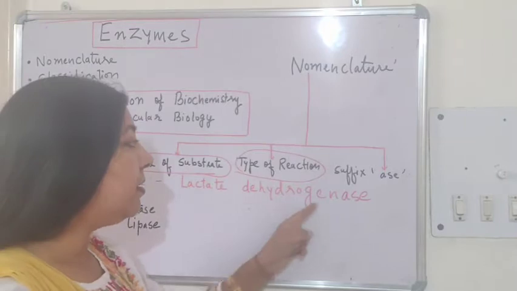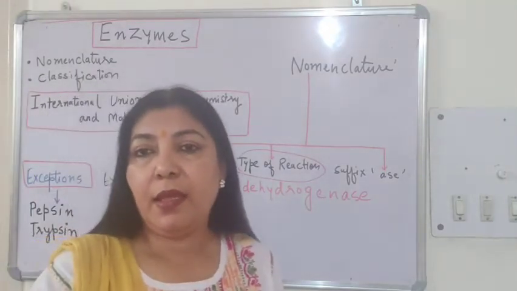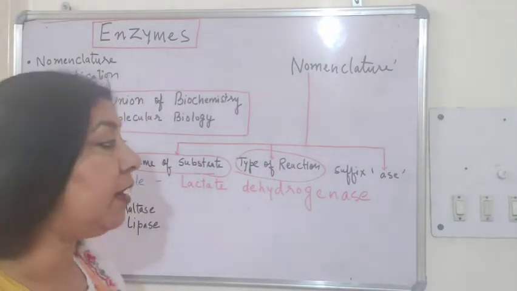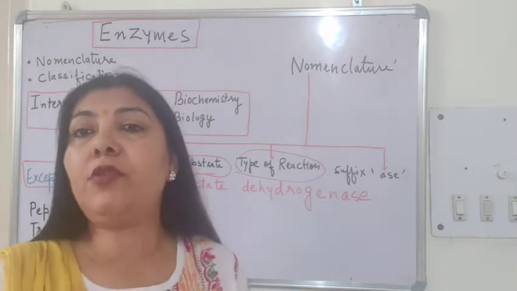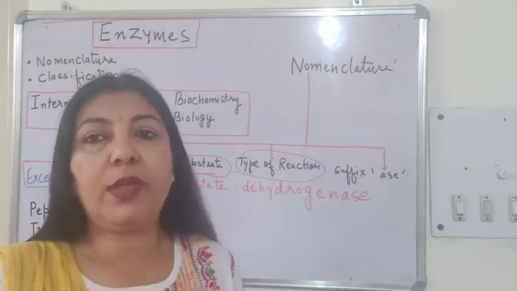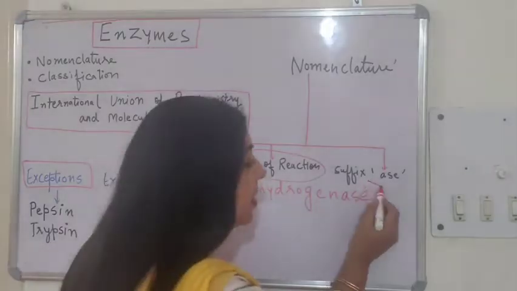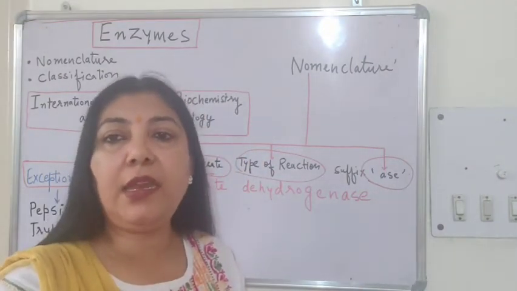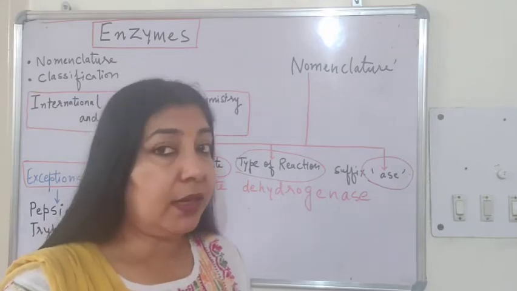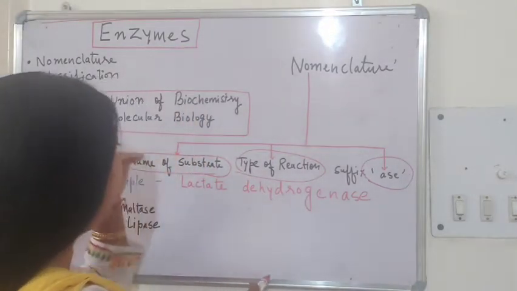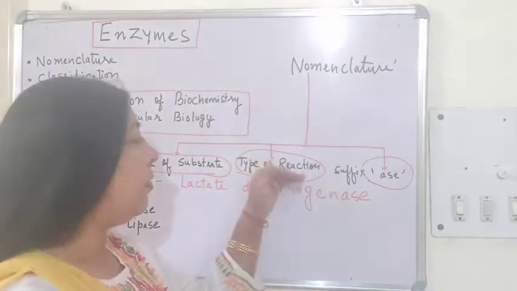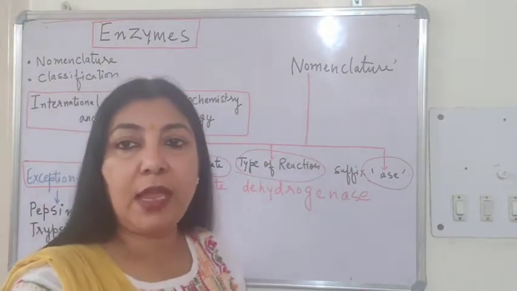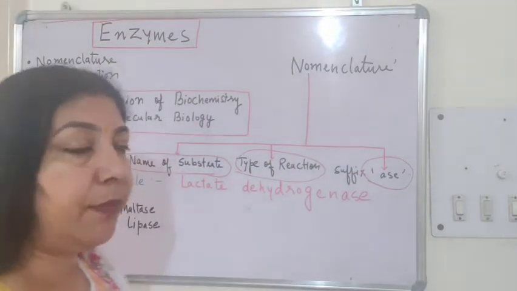And the third part of nomenclature is the suffix we use, the end part of the enzyme. Suffix ase, ASE, is given to any name of the enzyme. So let us understand these three parts, that is name of the substrate, name of the reaction, and the suffix ase, by taking one example.